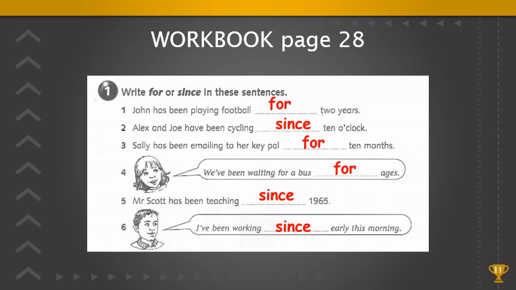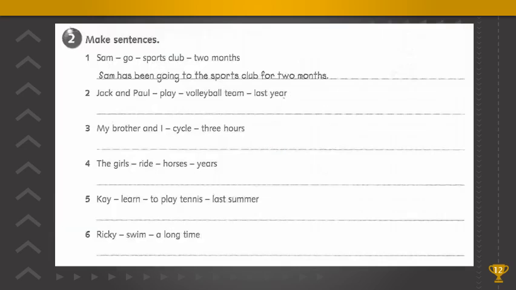Alright, so we just finished the use of for and since, which are being used in the perfect tenses. Specifically, now our lesson, the present perfect continuous. And we have now come to the last part of the activity or our lesson for today. Still in the present perfect continuous.